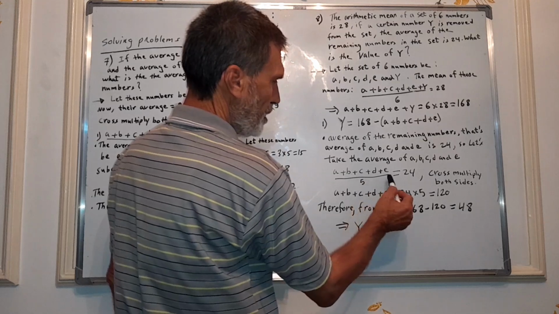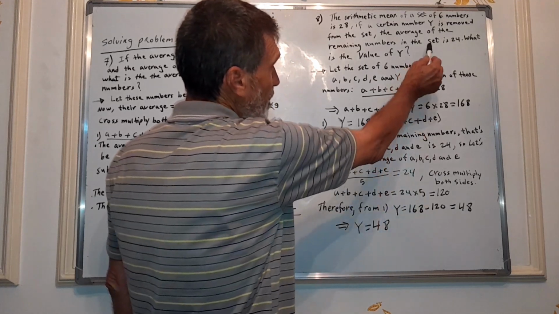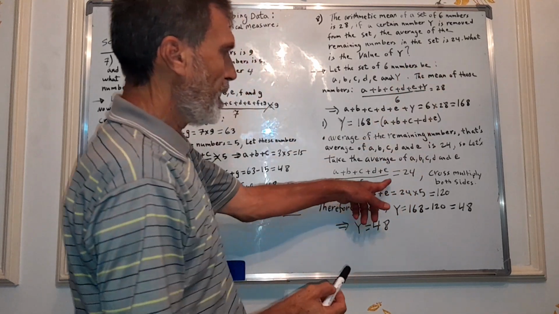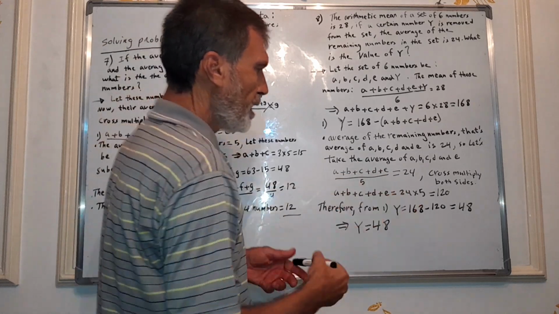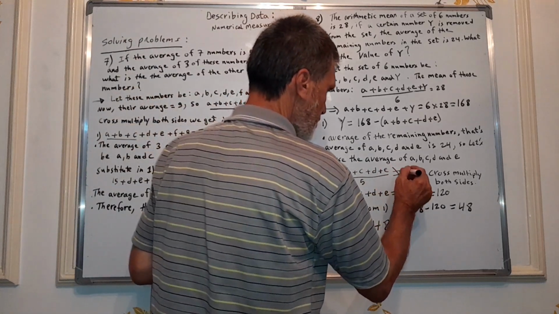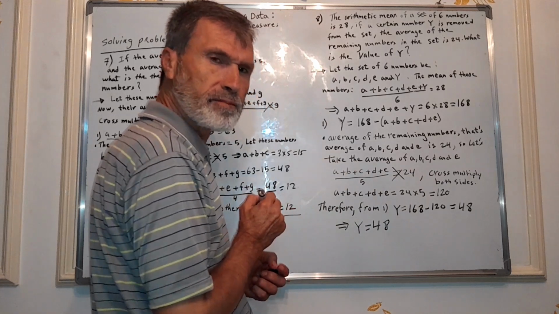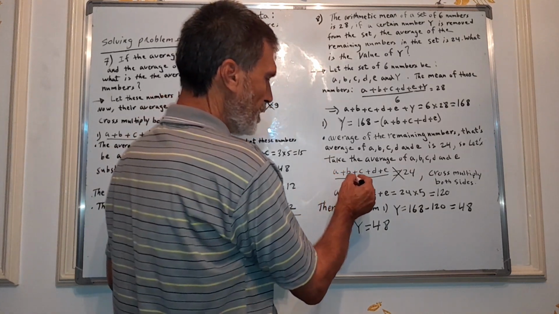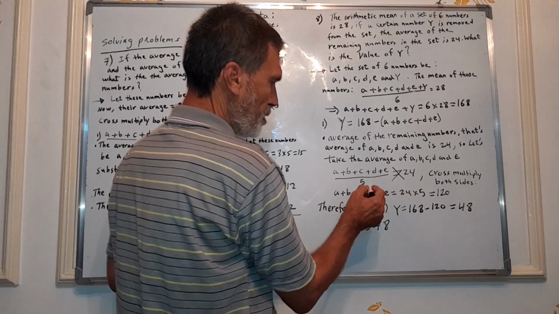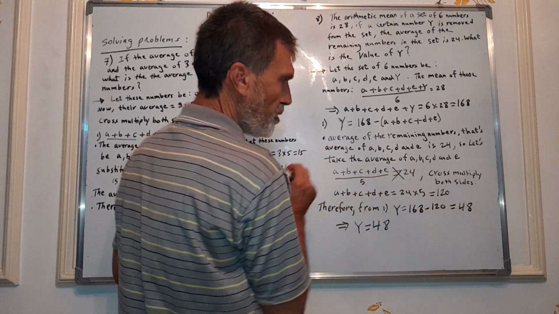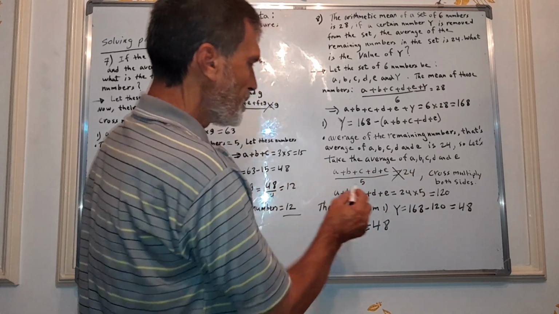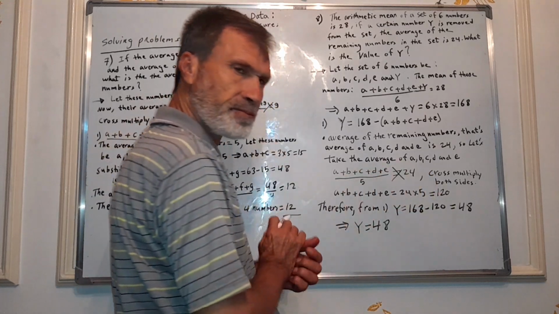And the average, as he's telling us, is 24. Now cross multiply both sides. So I get A plus B plus C plus D plus E is equal to 5 times 24, which is equal to 120.